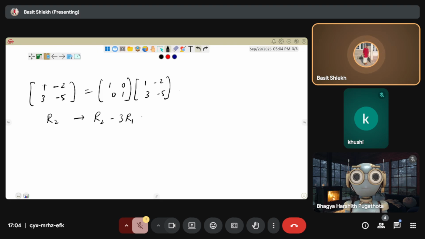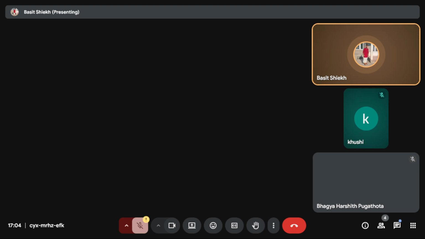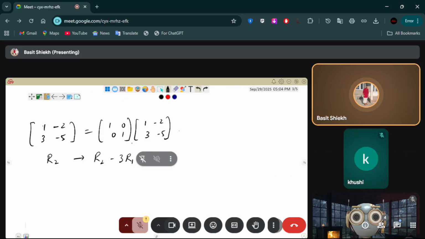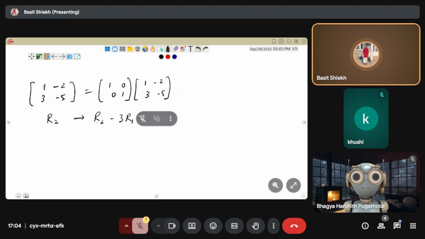Here already I have 1. I will convert this into 1, and this into 0, this into 0, and I will operate on both sides, LHS as well as RHS. R2 gives R2, so row 2 will change, row 1 will remain unchanged. R2 gives R2 minus 3 R1. R2 is 3, 3 minus 3, which is 0.